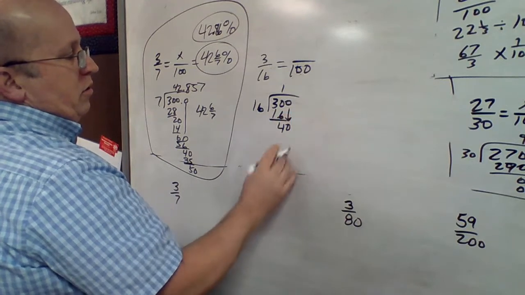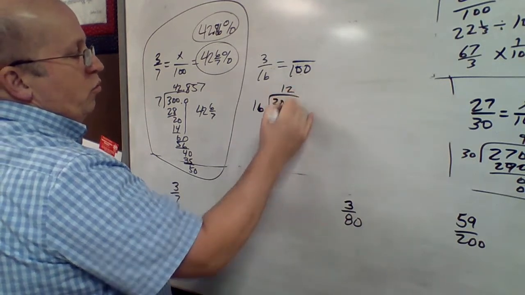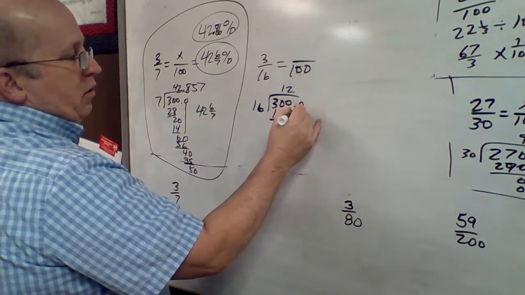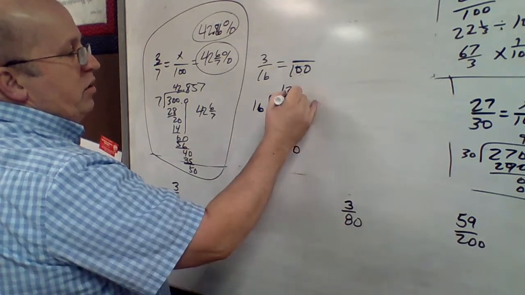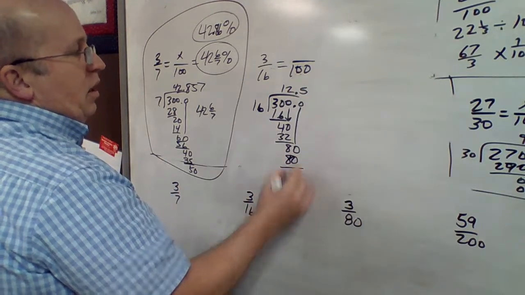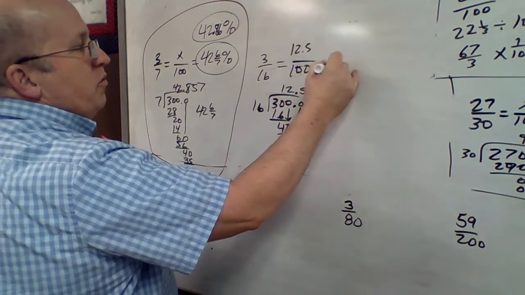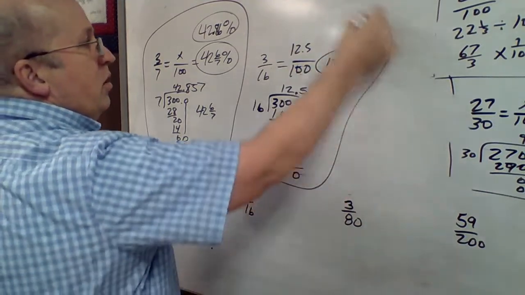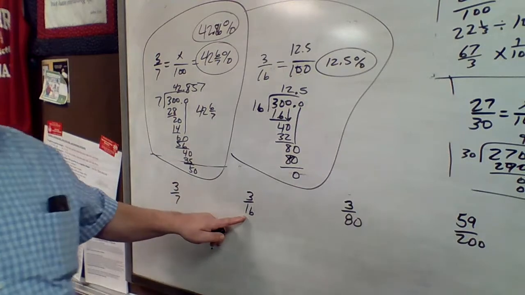Bring down a 0. 16 goes into 40 twice. I get an 8. Bring down a 0. 16 goes into 80 exactly 5 times. Hey, it must be 12.5% for the answer to 3/16.